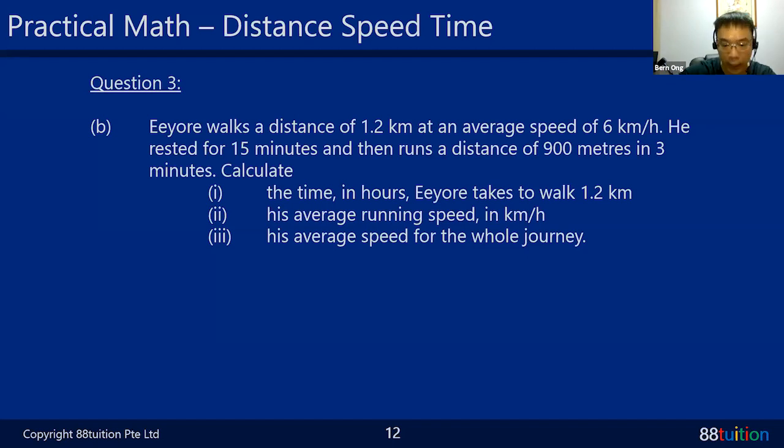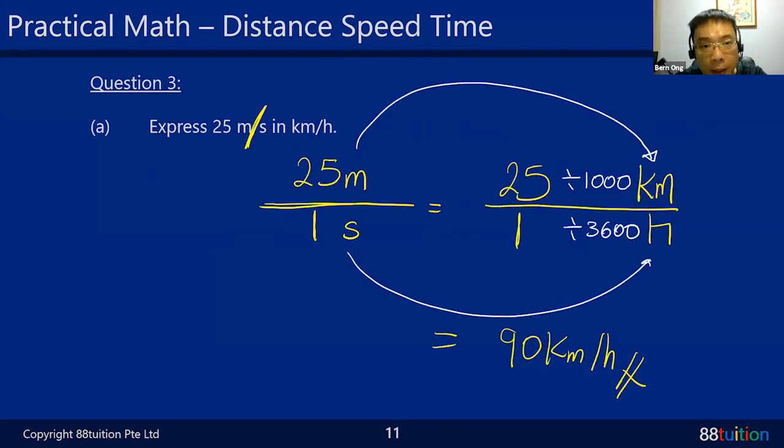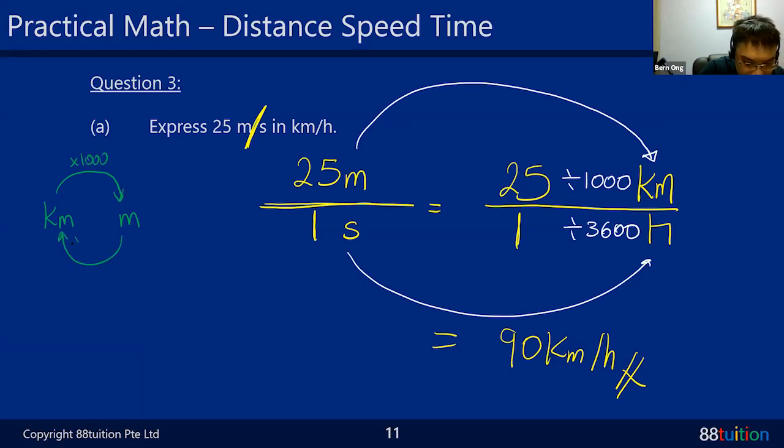You are confused about part A? Why confused with part A? It's just a simple conversion. So down here, the normal conversion. Please write this down somewhere. From kilometer to meter, you have to times 1,000. That's the basic conversion. Meter to kilometer is divide by 1,000.